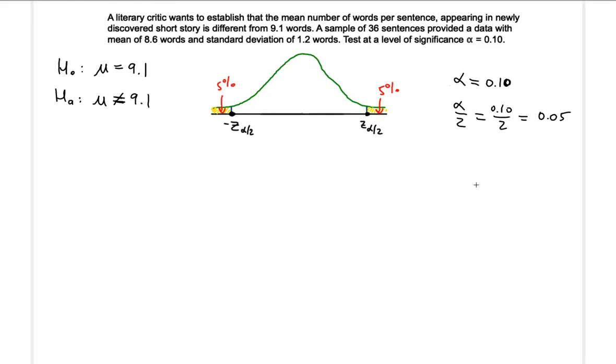So the z-value of alpha over 2, which is 0.05, means the z-value at the 95th percentile of this area.